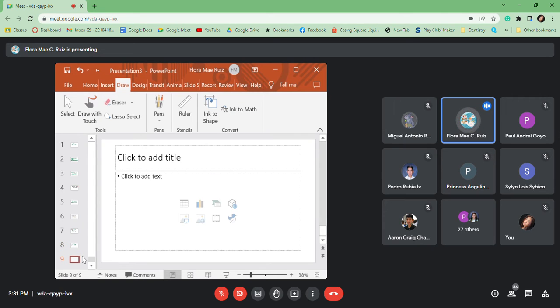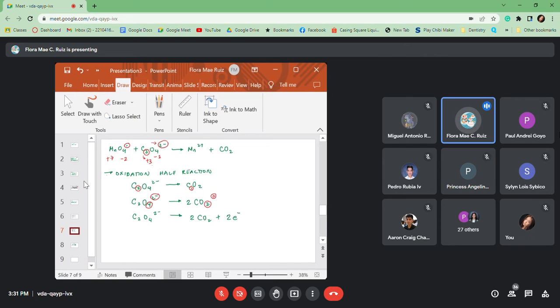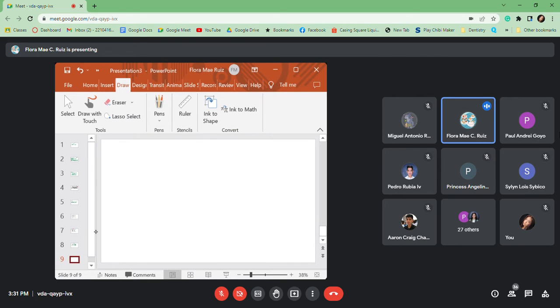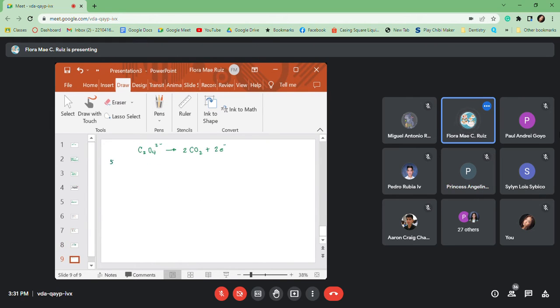Okay, we combine our oxidation and our reduction. So our oxidation is C2O4 2 minus, yielding CO2 plus 2 electrons. Our reduction half reaction, that is 5 e minus plus 8 H plus MnO4 minus will yield Mn2 plus 4 H2O.